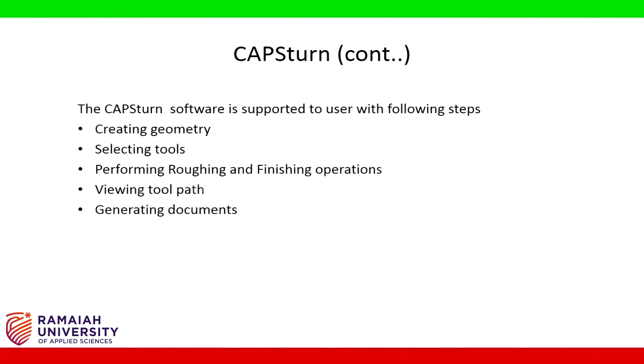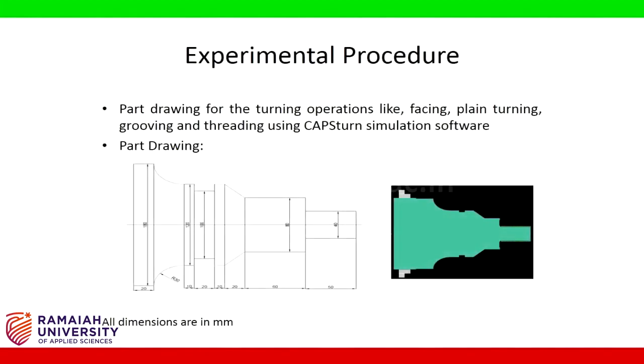The CAPSturn software is used with the following steps: creating geometry, selecting tools, performing roughing and finishing operations, viewing tool path, generating documents. Experimental model. Students see the part drawing for the turning operations like facing, plain turning, grooving and threading using CAPSturn simulation software.